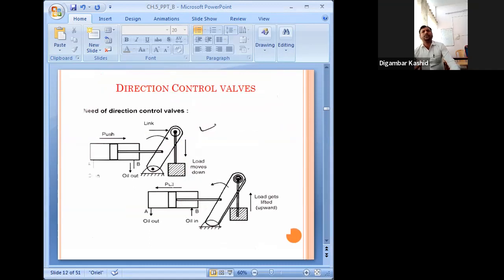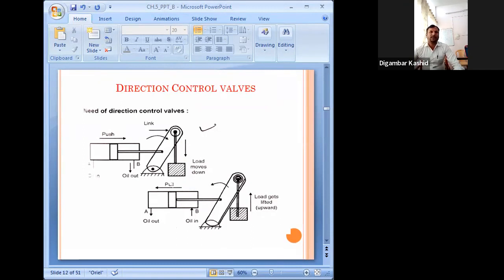And why do we need this direction control? You can see here, for example, I have to lift this load or move it in the upward and downward direction. We need an actuator, getting it, and by changing the direction of flow, you can change the motion of your actuator.